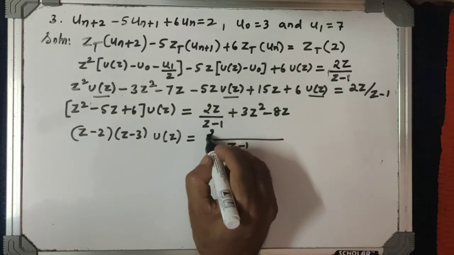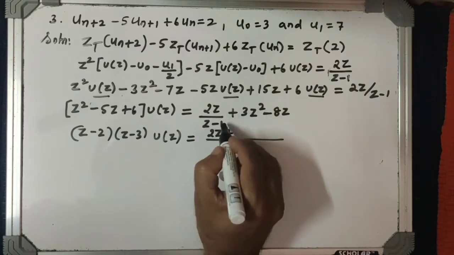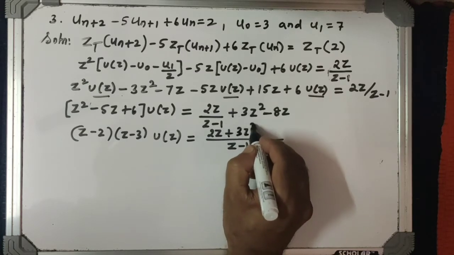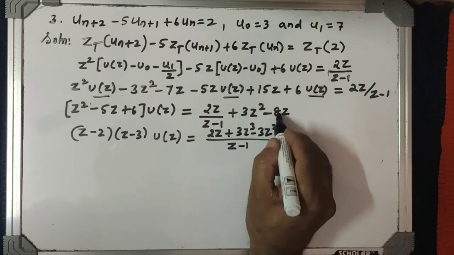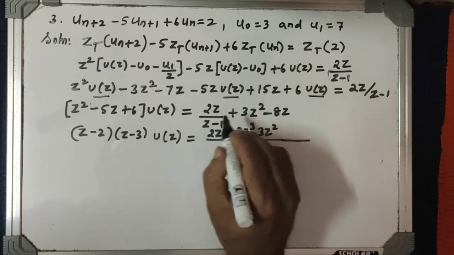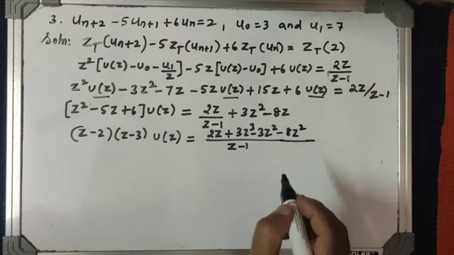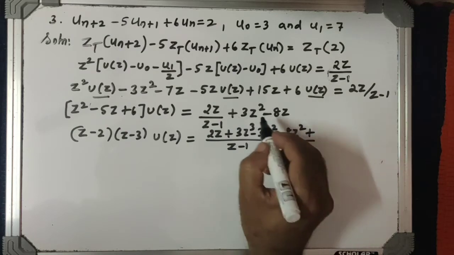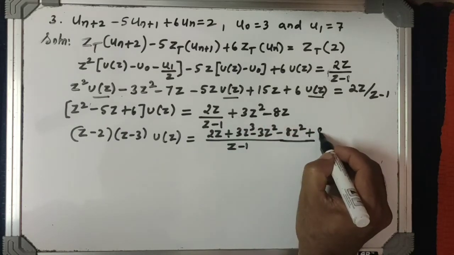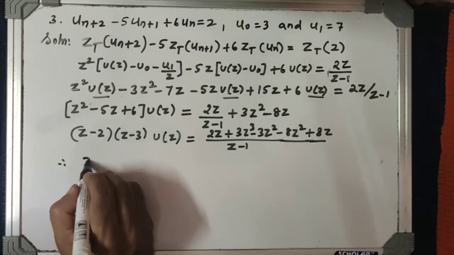So 2z plus 3z square into z minus 1 is 3z cube minus 3z square. Then minus 8z into z minus 1 is minus 8z square, so minus into minus plus 8z into 1 is 8z.